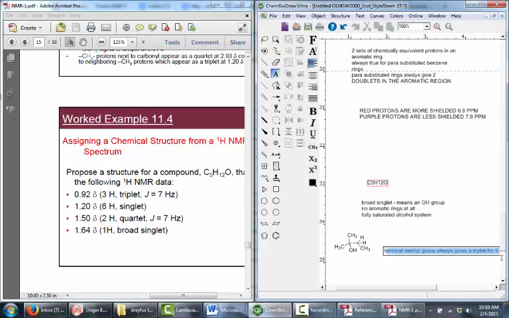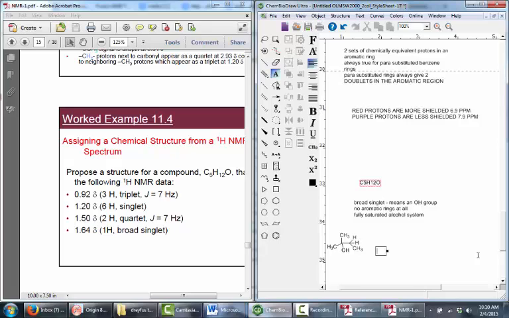If I have an ethyl group, so if I have a CH2, CH3, that's going to give me a quartet for 2H and a triplet for 3H. So this CH2 is going to be a quartet corresponding to 2 H's, and the terminal methyl, that CH3, that's directly attached to the CH2, is going to give me a triplet. So if I look here, I have a triplet for 3 H's, that's this guy.